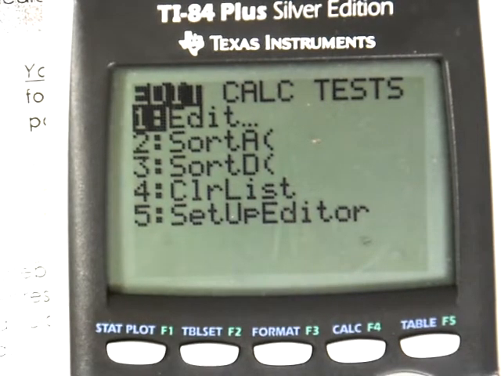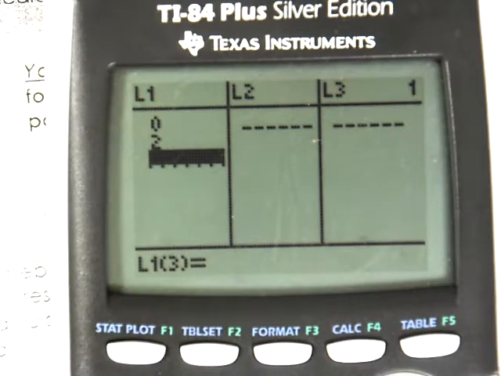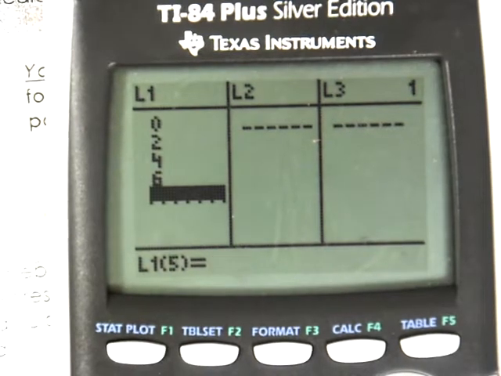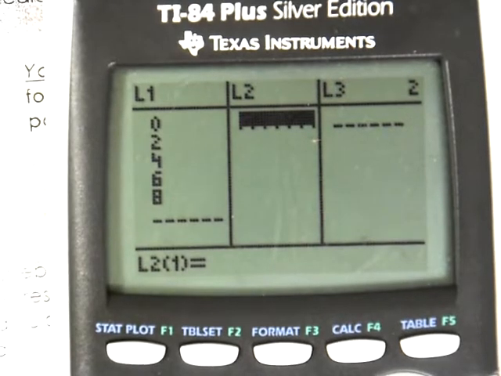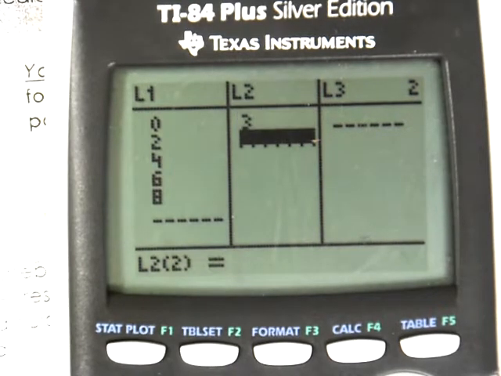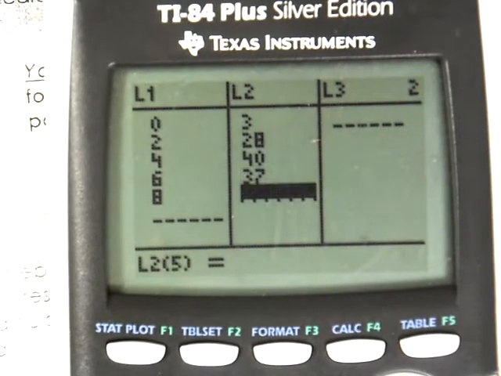So you're going to go to edit, so number 1. Your x values are 0, 2, 4, 6, and 8. Your corresponding y values are 3, 28, 40, 37, and 26.